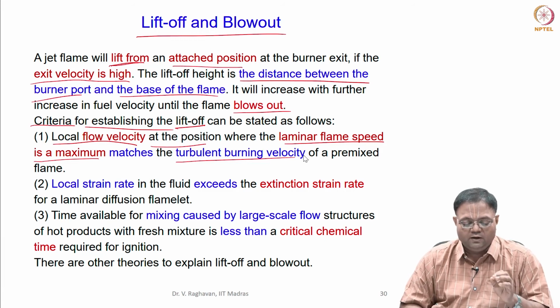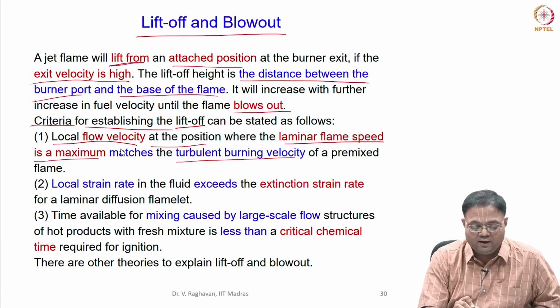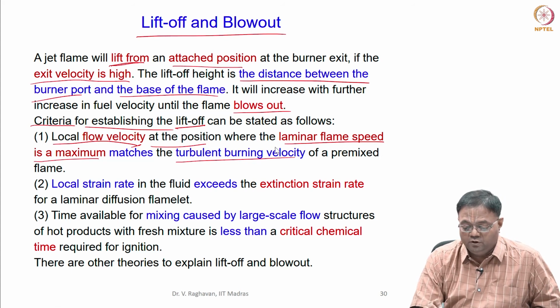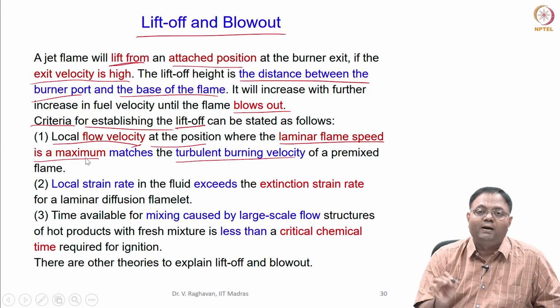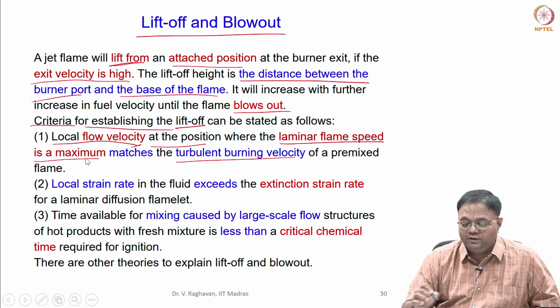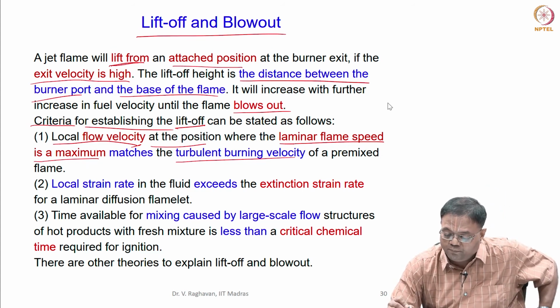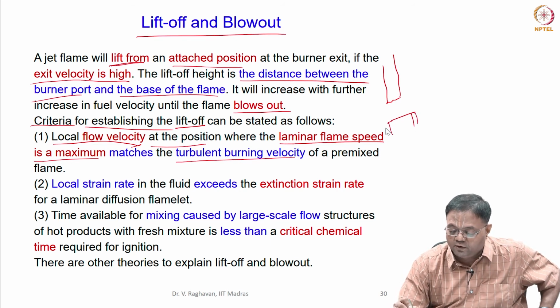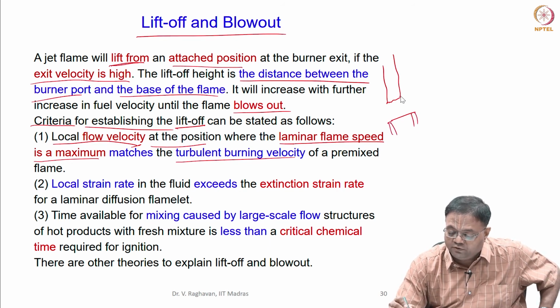It will stand at a location where the local flow velocity, at the position where the laminar flame speed is the maximum, matches the turbulent burning velocity. So there is a position, there is a flame liftoff. This is the base of the burner rim, and the flame is lifted off here.